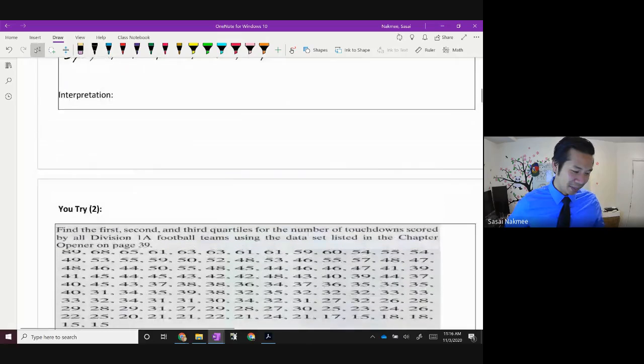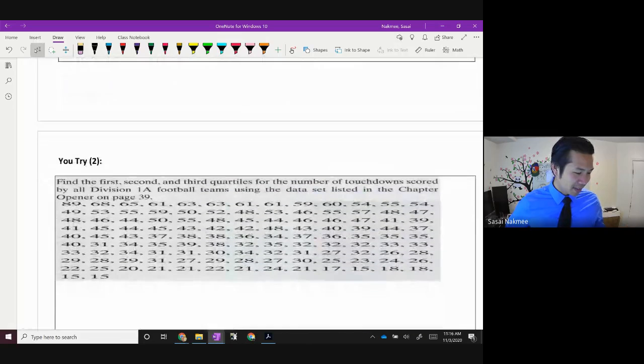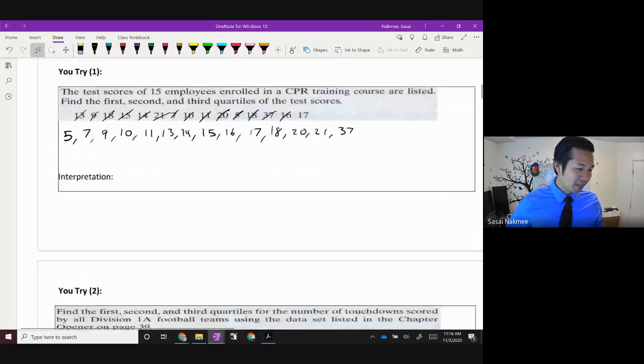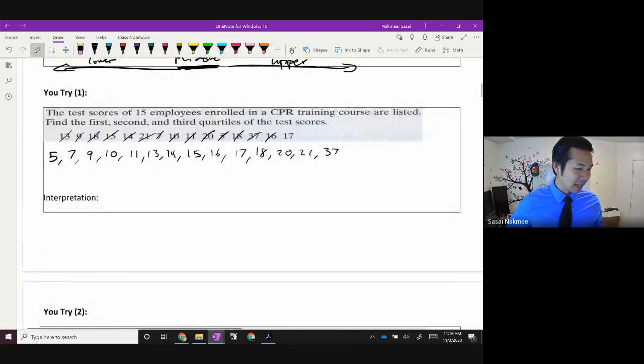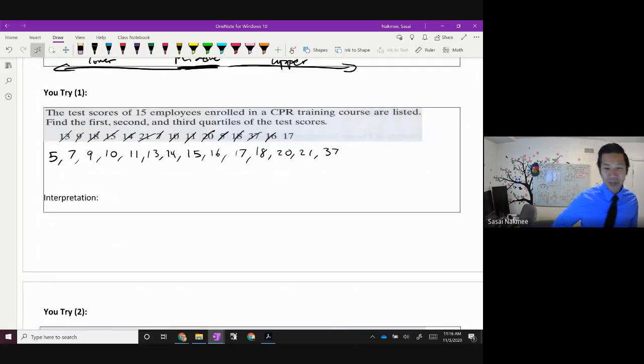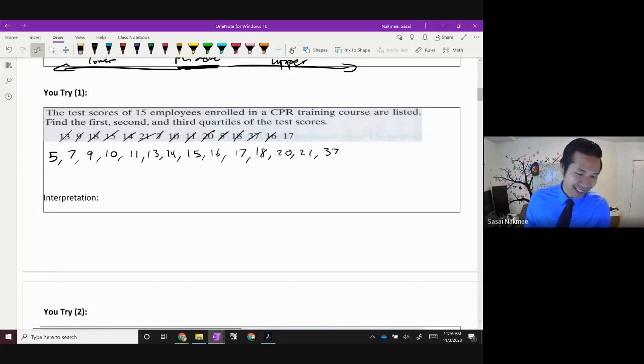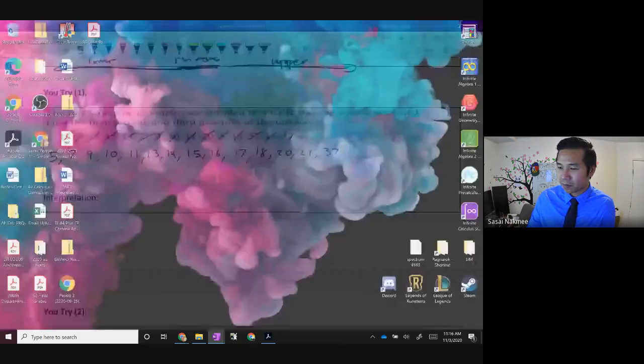There's a lot of numbers. I don't know if I want to have you do that. Oh, you know what? No, even doing it on the computer, you got to type in those numbers. And I'm actually going to show you guys how to do the shortcut right now, but I'm going to do it with this one. I don't think we should bother doing it with the other one.